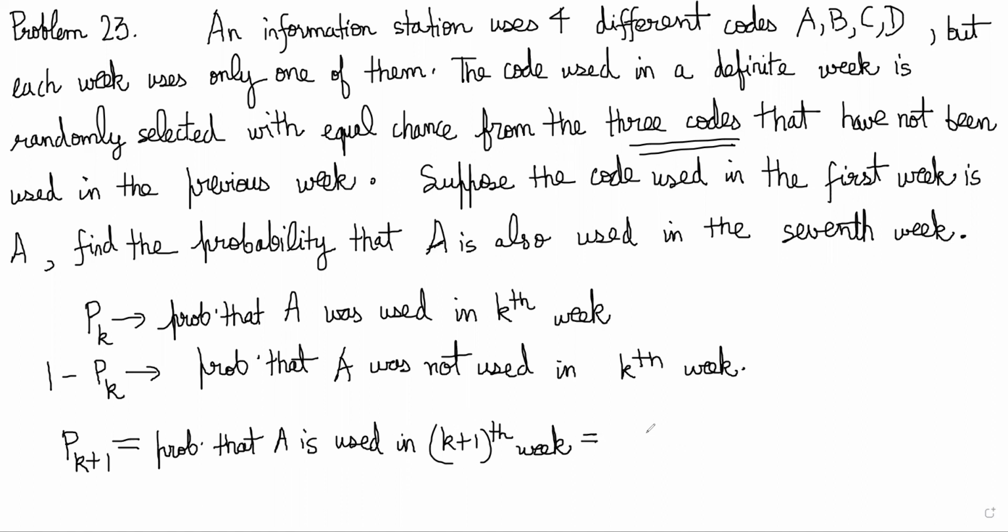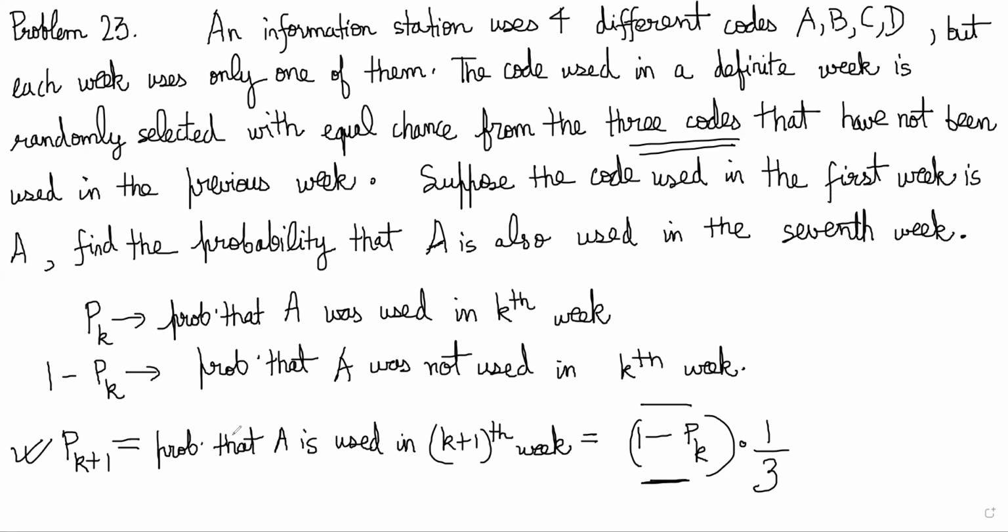So it implies that A was not used in the kth week. So we can say 1 minus Pk has to happen in the kth week, A is not used. And after that, the probability that A was used in the next week would be simply 1 by 3 because it was selected with an equal chance, right? I hope you understand why Pk plus 1 has to be 1 minus Pk multiplied by 1 by 3.